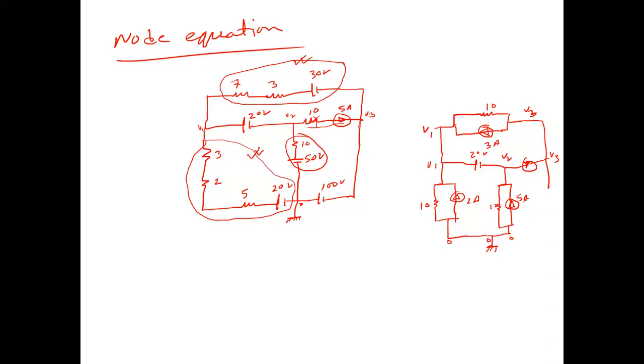Sorry, mistake, this is the one resistance, this is the 10. Clear? So all the others are source conversion.